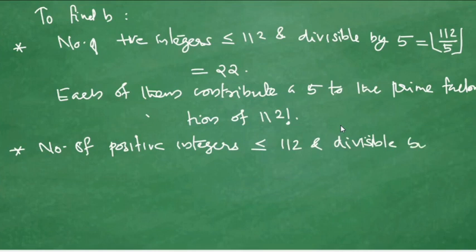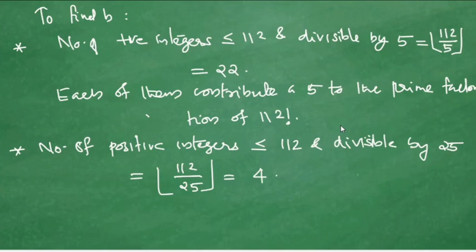Now, why we calculate this is because 112 factorial contains 1 into 2 into 3 into 4 into etc. into 25 into 26 into etc. up to 100 into etc., like that up to 112. So each of these numbers, 25 and its products like that, all these numbers will contribute a 5 to this factorization.